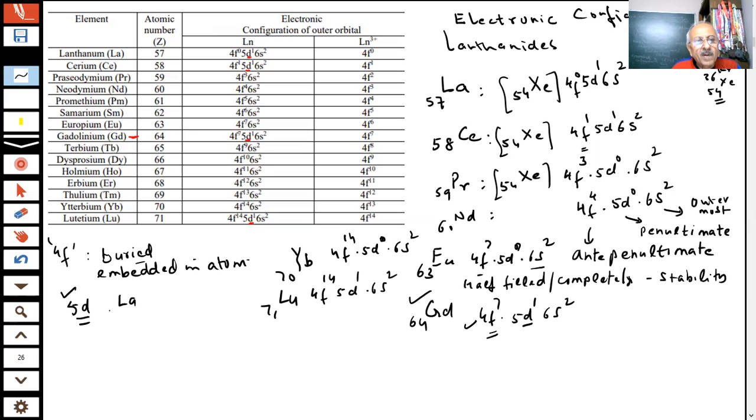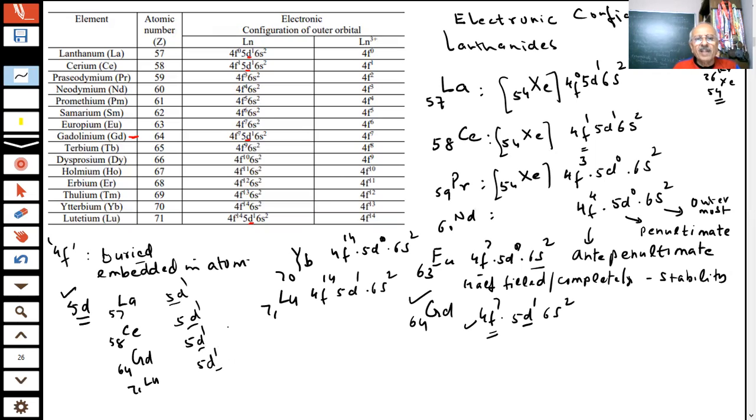Lanthanum. What is the next one? Cerium. And then gadolinium. Gadolinium is important for writing the electronic configuration in the paper, 64. And the last one, lutetium. The important point is they have 5d1. This is how we learn the thing, students.